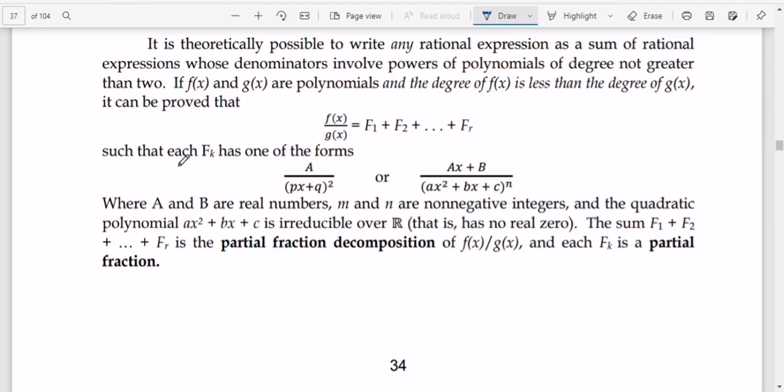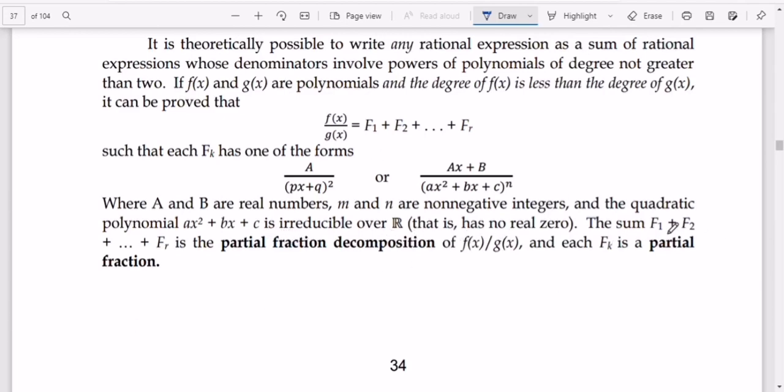Such that each f sub k has one of the forms: a over (px plus q) raised to m, or (ax plus b) over (ax squared plus bx plus c) raised to n, where a and b are real numbers, and m and n are non-negative integers, and the quadratic polynomial ax squared plus bx plus c is irreducible over R, that is, it has no real zero.